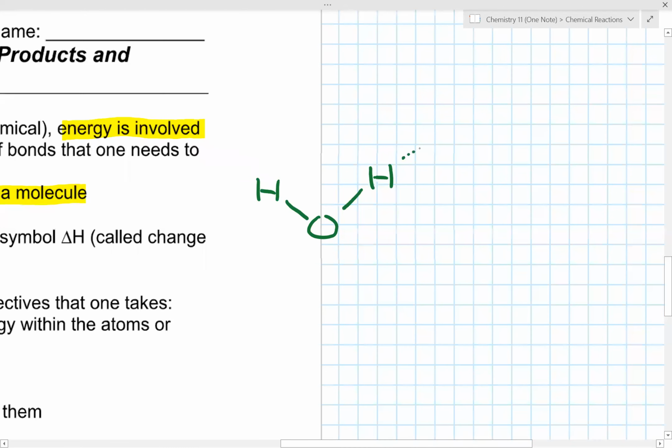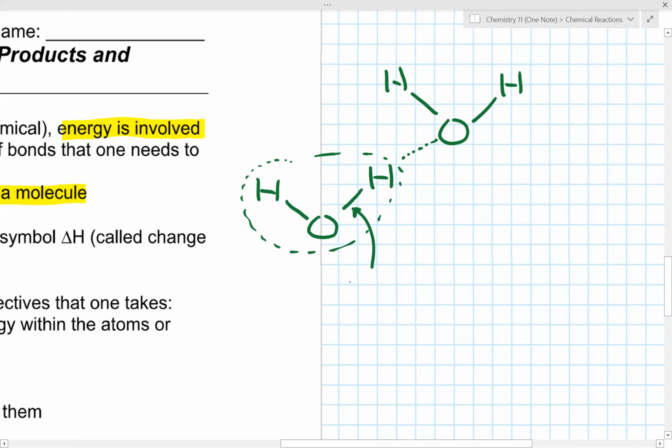And here we have oxygen, water, water. This one between the hydrogen and oxygen of this water molecule, this would be intramolecular.